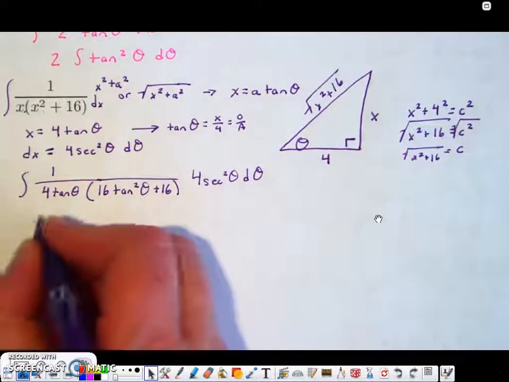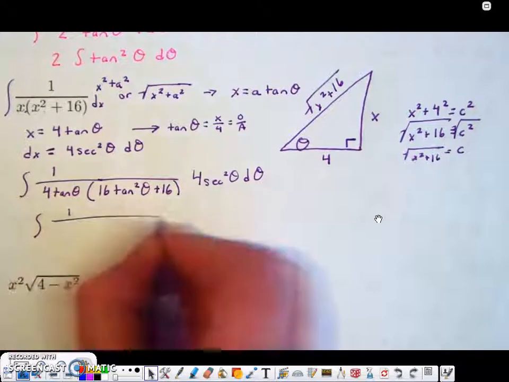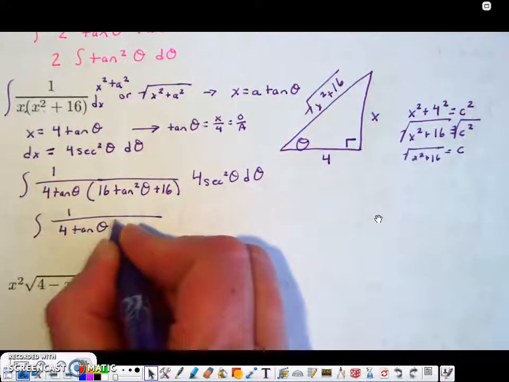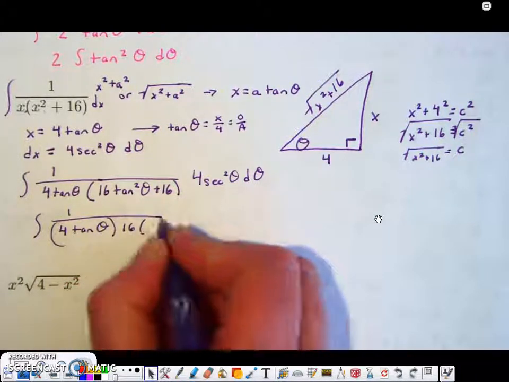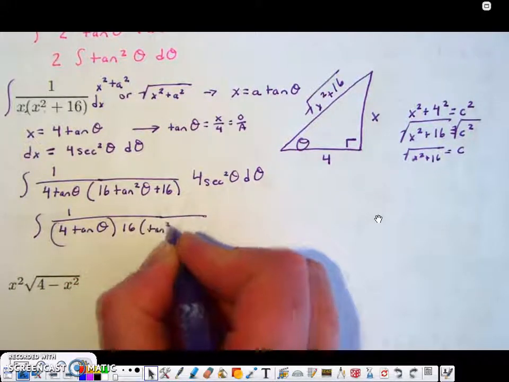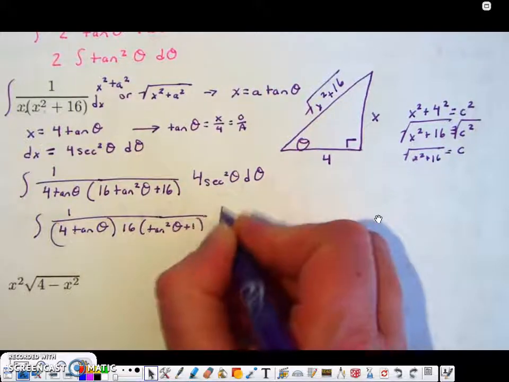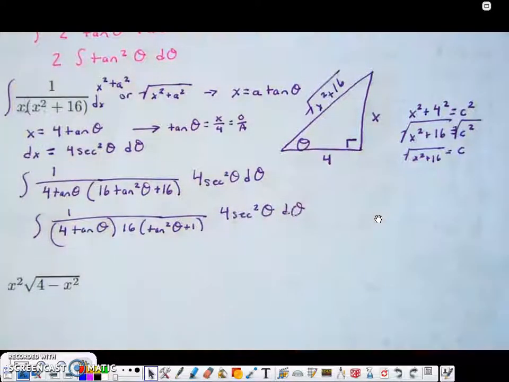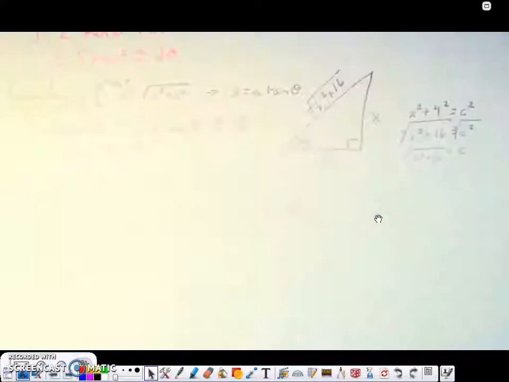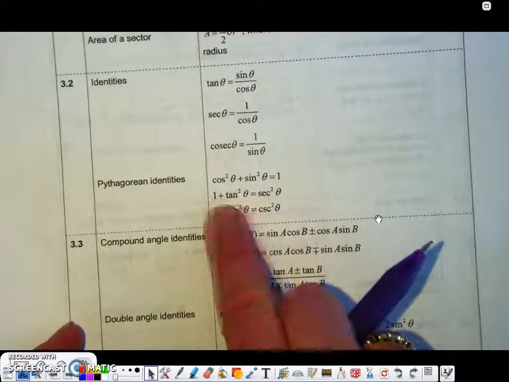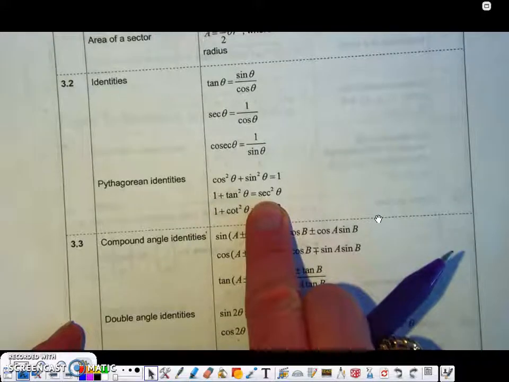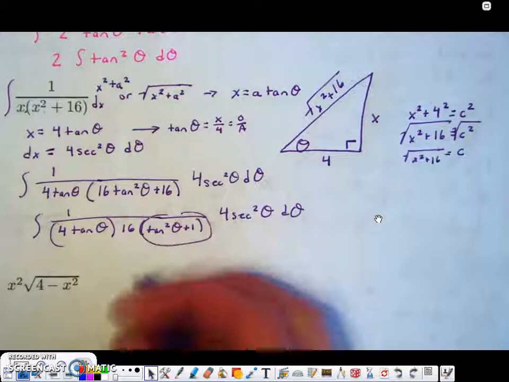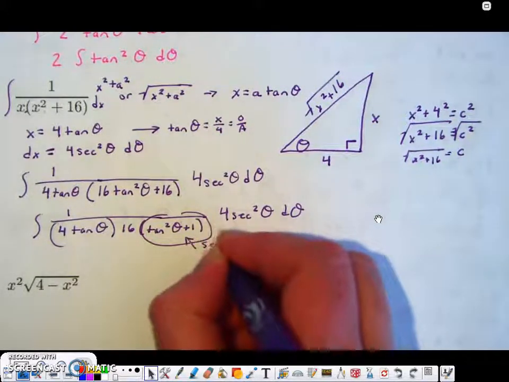So what you're going to do is you're going to factor out the 16. And that would leave you tangent squared theta plus 1. And just again, I'm going to flash this up here. Tangent squared theta plus 1 is secant squared theta. So I'm going to replace this guy with secant squared theta.